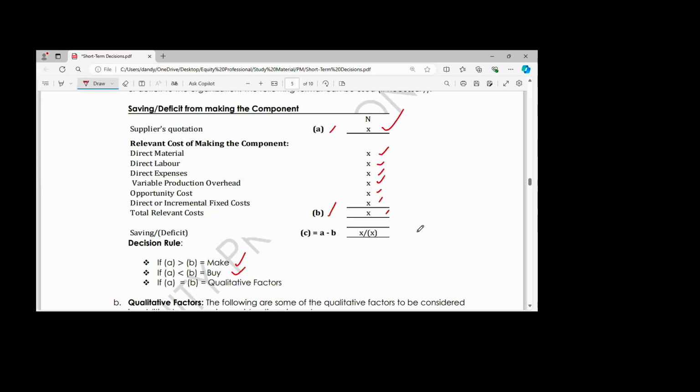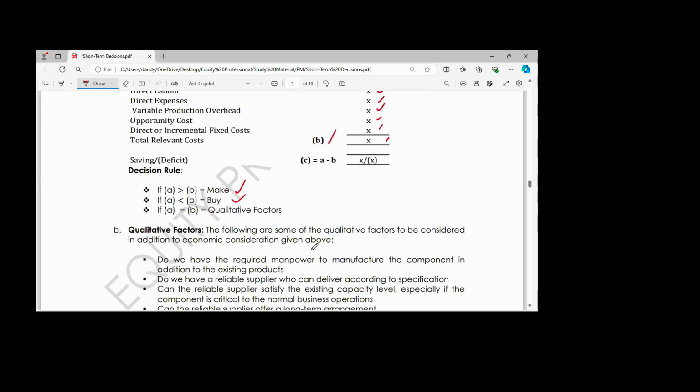If you want to produce, you will need the space, you need the storage space. If you don't have adequate storage space, that may prevent the company from producing a sufficient quantity of that particular component. So these are some of the factors we need to consider internally if the company decides to produce the component.